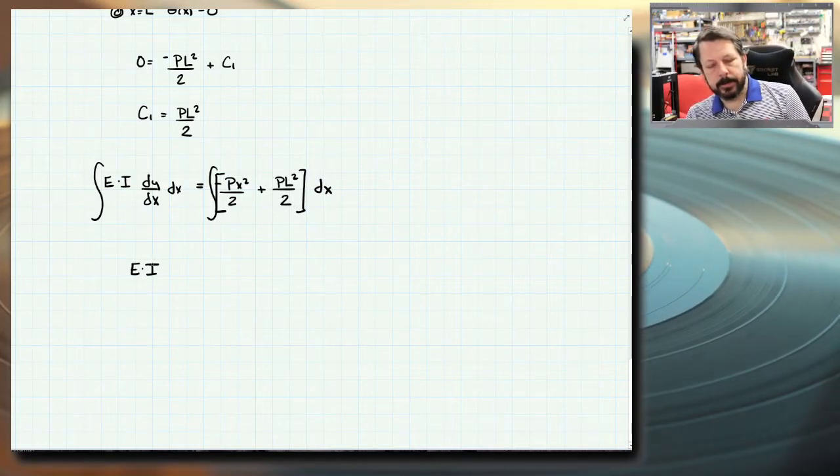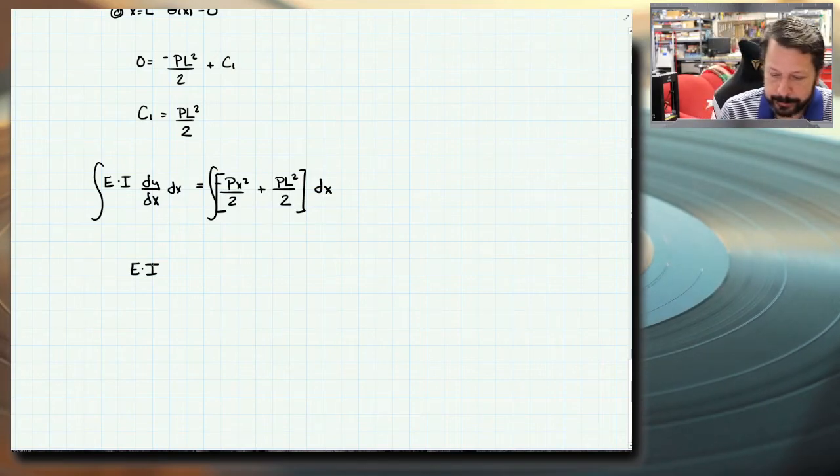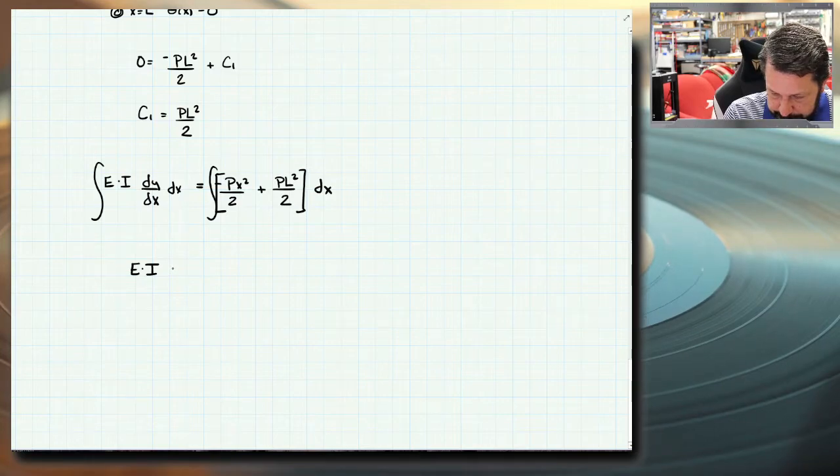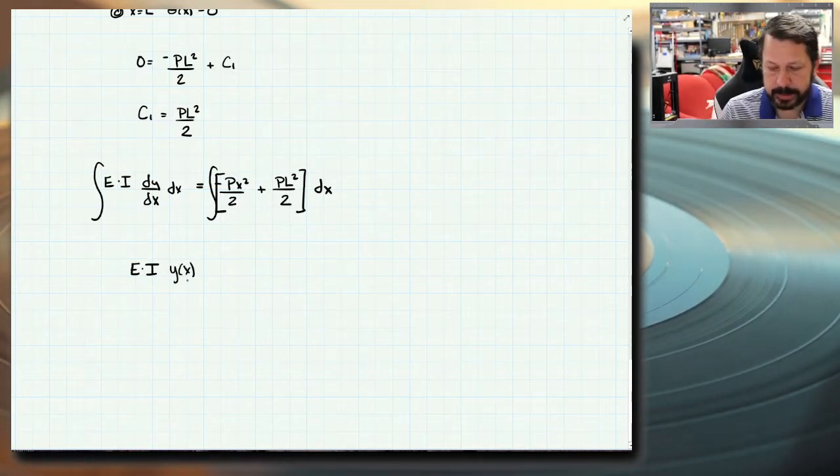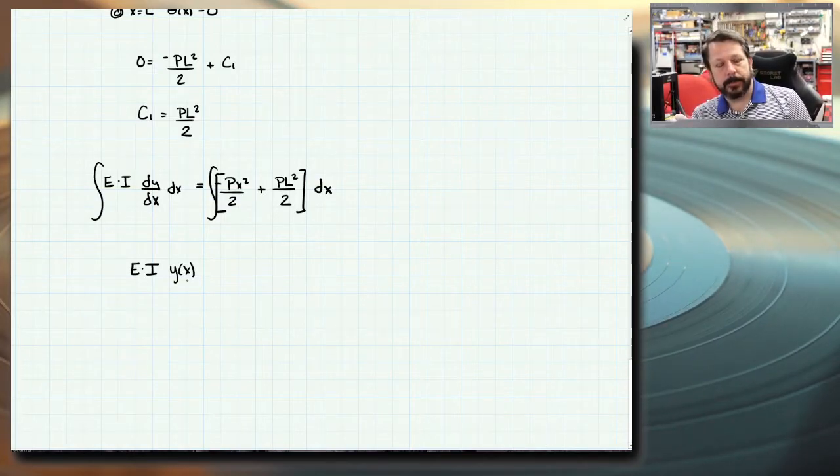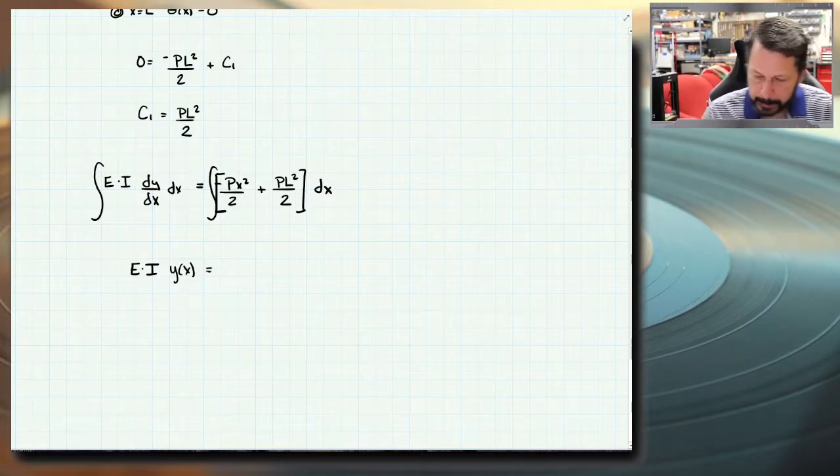That leaves us with the integral of dy over dx with respect to x, which is just y of x. That y of x is the equation of the elastic curve. So we're really close to getting our actual equation now.